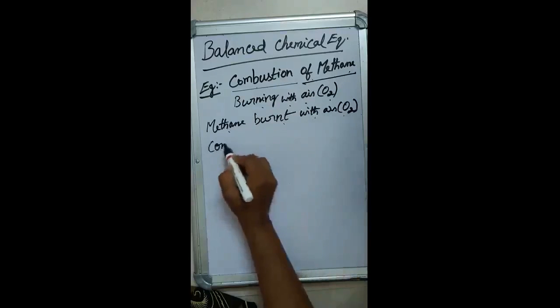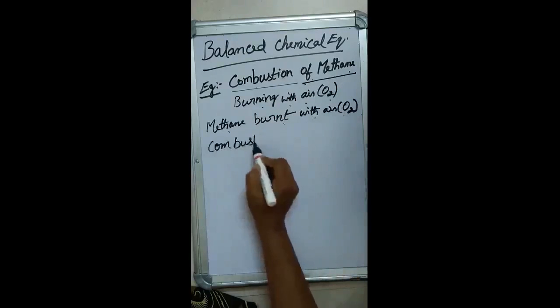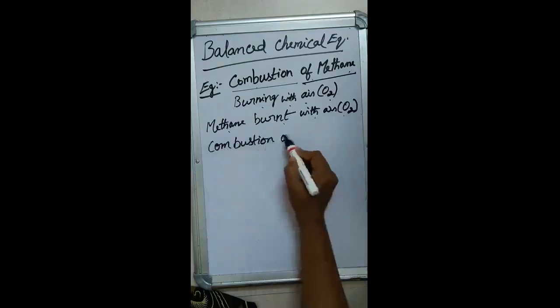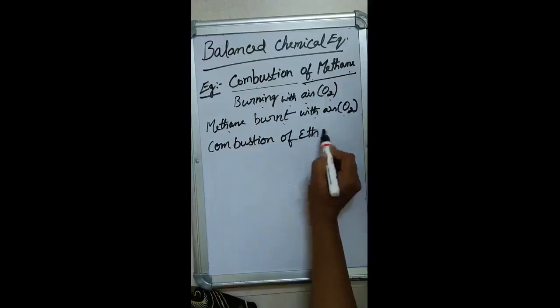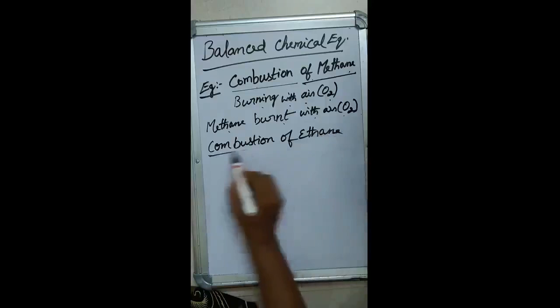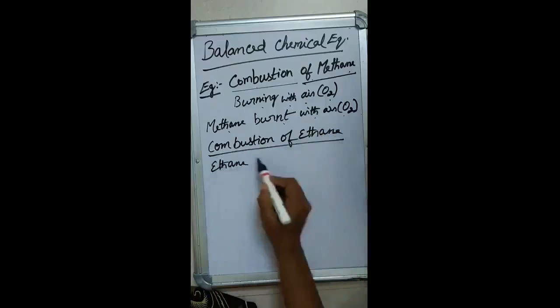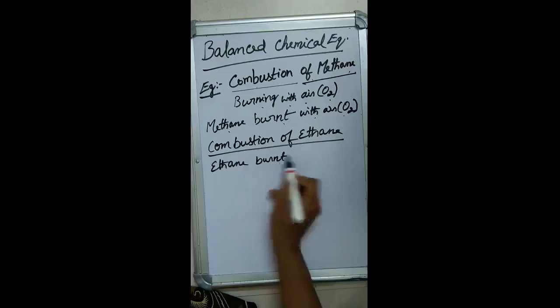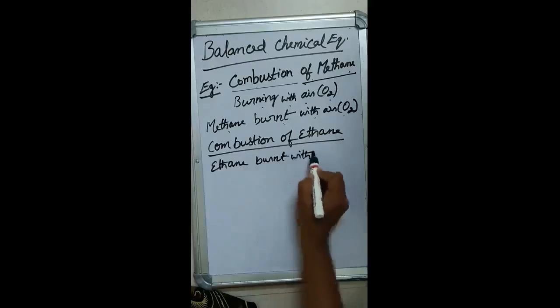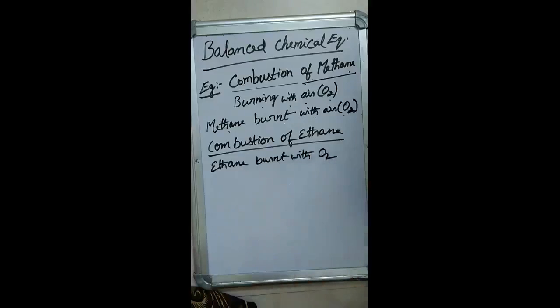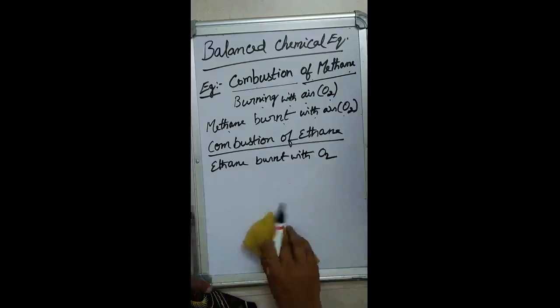Suppose the question is asked as combustion of ethane. What is the meaning of combustion of ethane? It is ethane burnt with oxygen. So combustion means burning with air, or burnt with the oxygen.